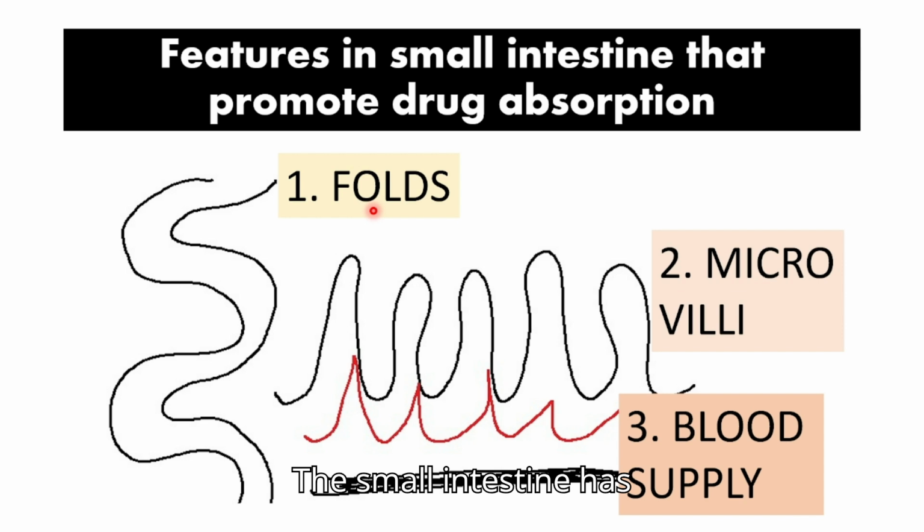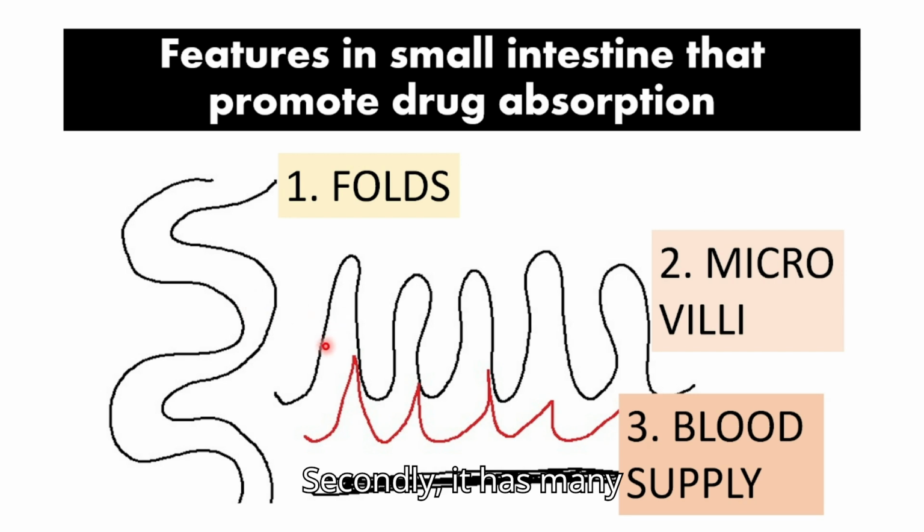The small intestine has 3 anatomical features that promote drug absorption. First, it has many folds, and this increases the surface area, and this increases drug absorption.